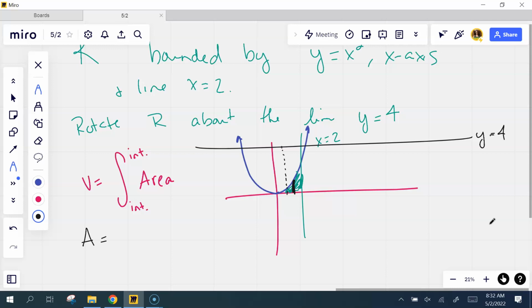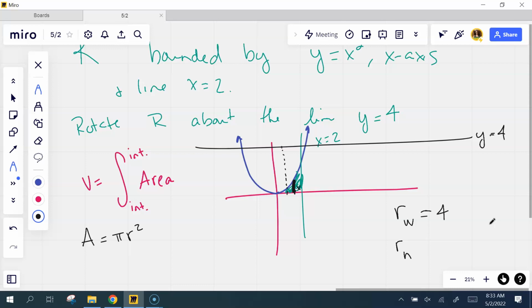So to find the area of any circular region, it's pi r squared. The first thing I need to find is the radius of the whole thing, and it's 4, that's right. And the radius of the whole, but wait, that is x squared, but that's not, it's 4 minus x squared, that's exactly right.